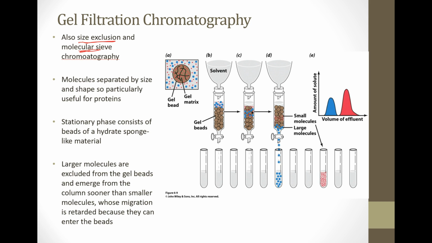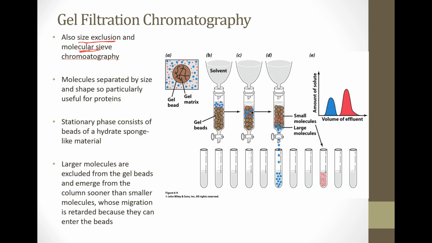All three are interchangeable. And what this particular technique does is it separates based on the size and the shape of the solute. So it's particularly useful for proteins because proteins often have not just different sizes, but unique shapes, which gives us another degree of power of separation.